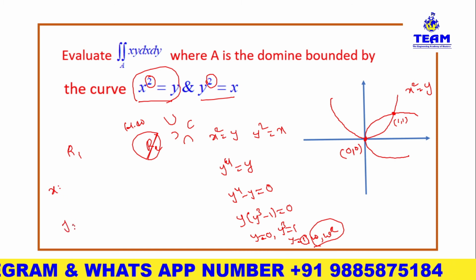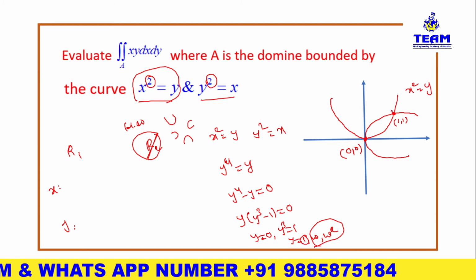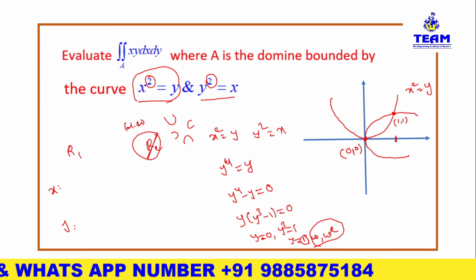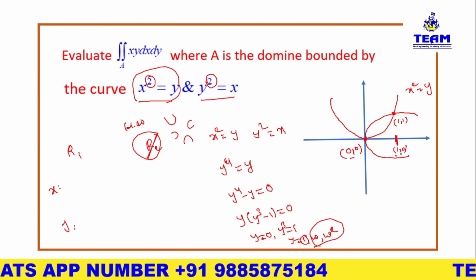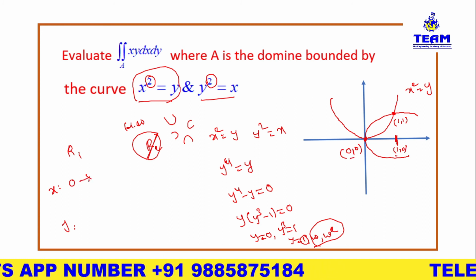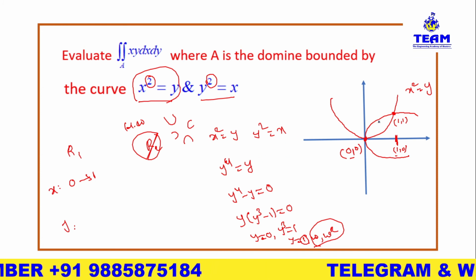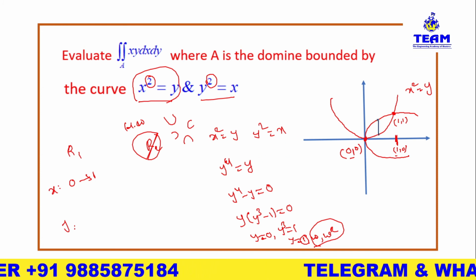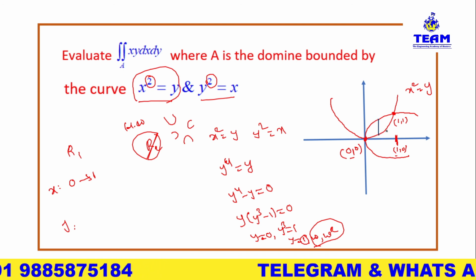I am taking x independent. Now x independent means draw the strip here. You observe, it goes up to this mark only, which is 1 comma 0. So x is moving from 0 to 1. Independent I am taking, friends. Don't forget. Next I want the y value. What I have to do? Y should be dependent, so I have to draw the strip which is parallel to the y axis. This strip touches downside which curve?